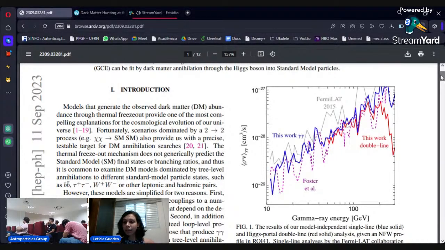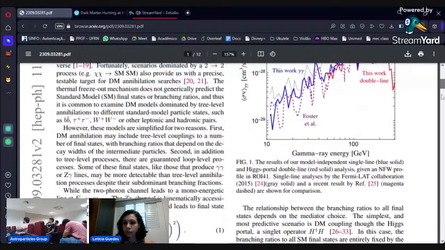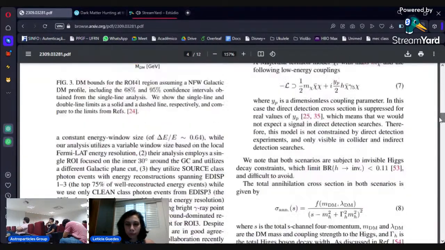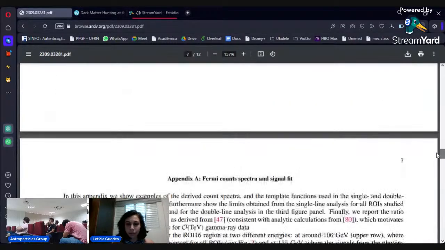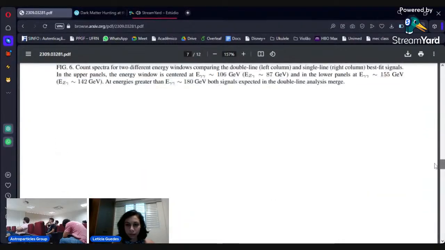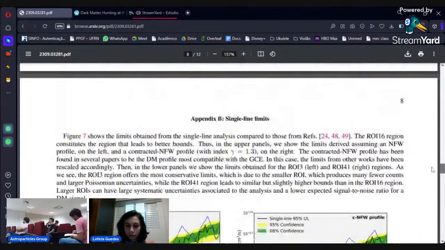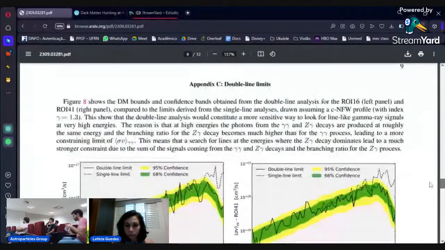I mean, they discussed a bit here. They say it's because, I mean, there is a part in here, but they don't discuss it very deeply. Here they say a bit why the gamma Z is more constrained in upper energies.